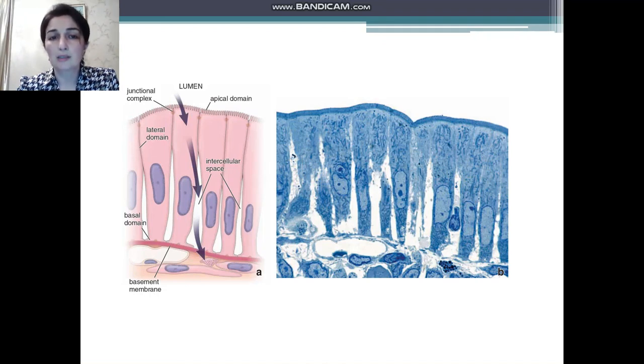They will break these dimers down to monomers, and then they will be absorbed. Then they will enter the cell cytoplasm. Through it, they will be carried to the basolateral cell membrane, and from here to the intercellular space, and through the basal lamina, they pass into the lamina propria, and from there into the blood capillaries.